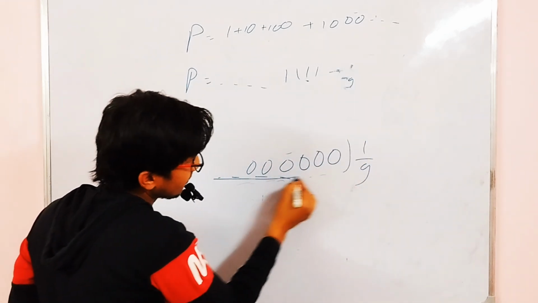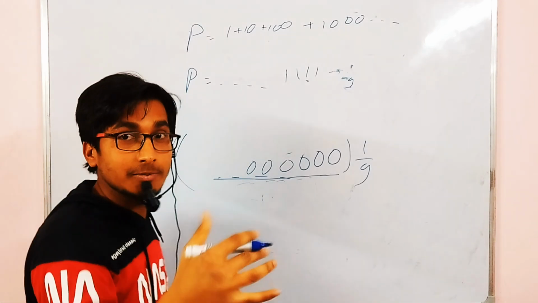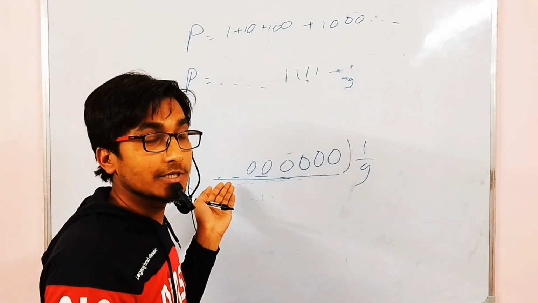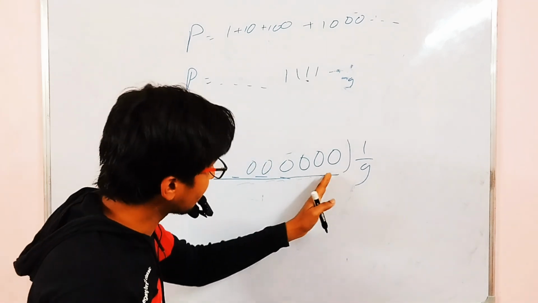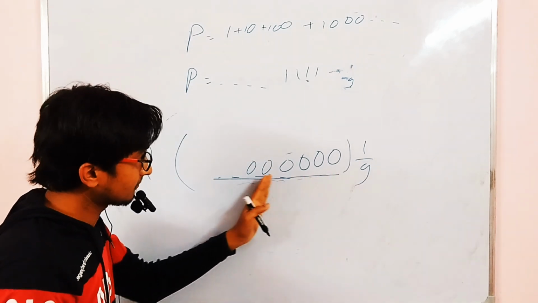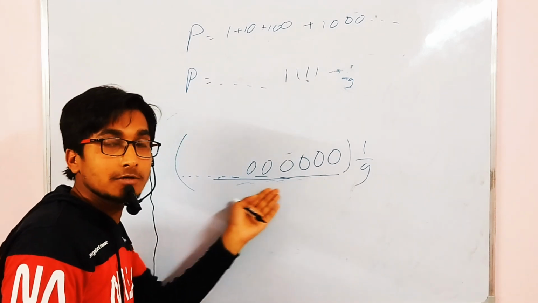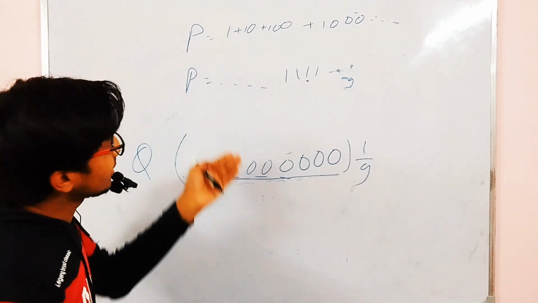We have to write from the unit place, because we know the unit place, but we can't predict what the number will be at the infinite place. So we add in that way. What will the number be here? We don't know, so we can say it is an infinite number of 0s. So this infinite series is giving you 0.